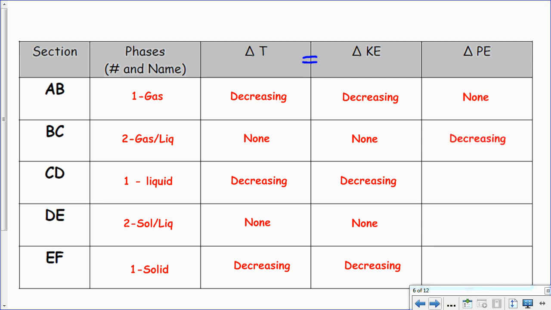When that temperature stops changing, that's when the potential energy decreases. This is where our phase change happens. And again, that happens at the flat lines. Kinetic energy will be at the slope lines. This one, it's a cooling curve, so it is sloped differently.